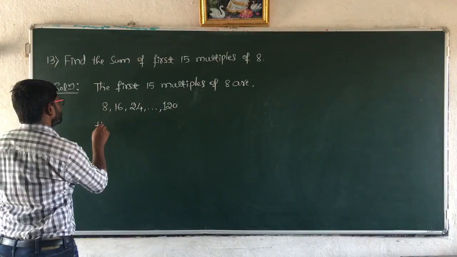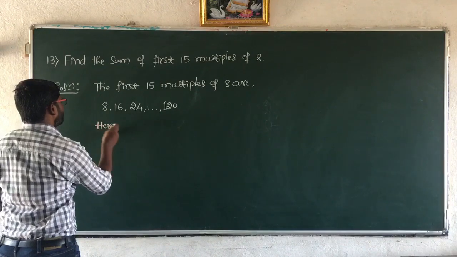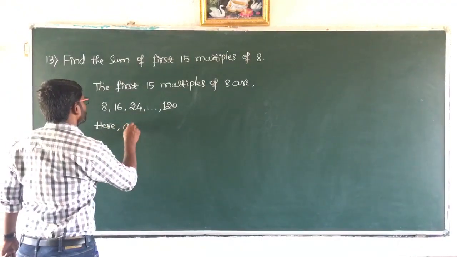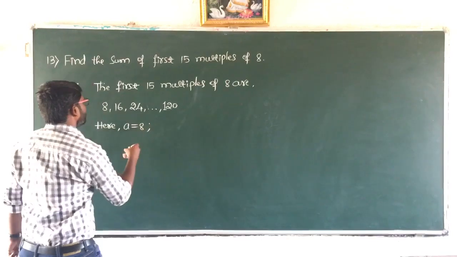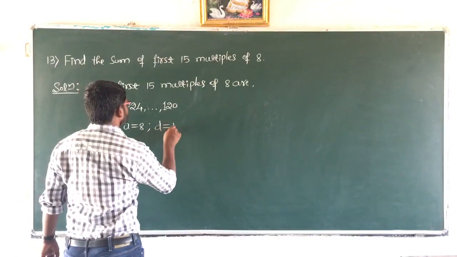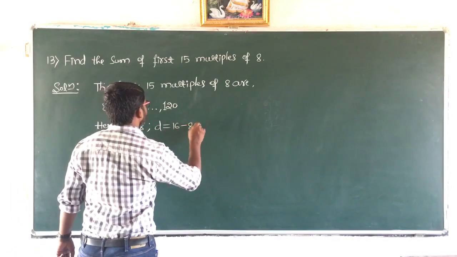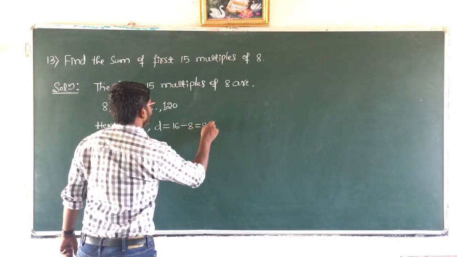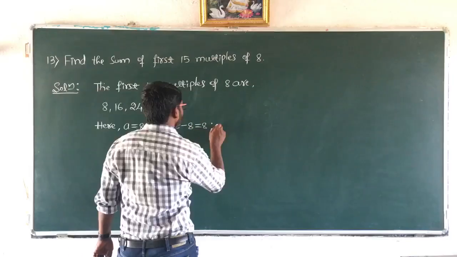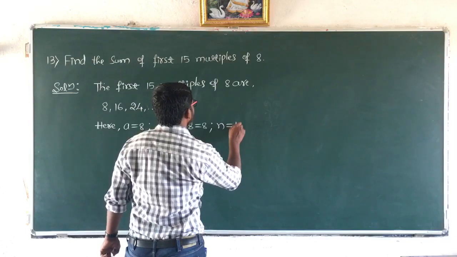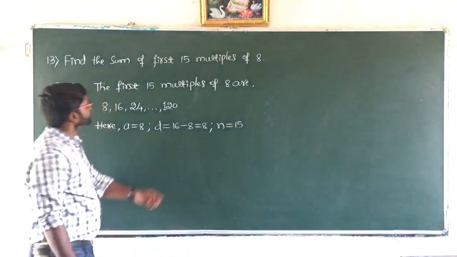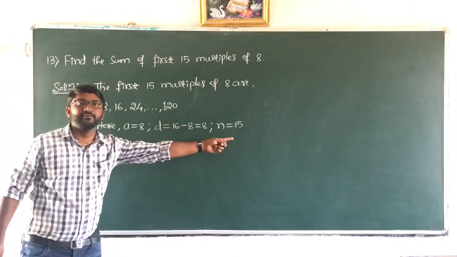Here a is equal to 8 and d is equal to 16 minus 8, which is 8, and then the n value is 15. First 15 multiples means n value will be 15.